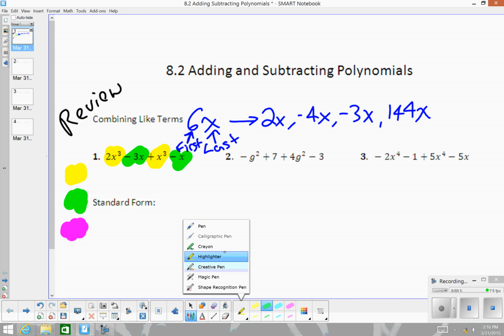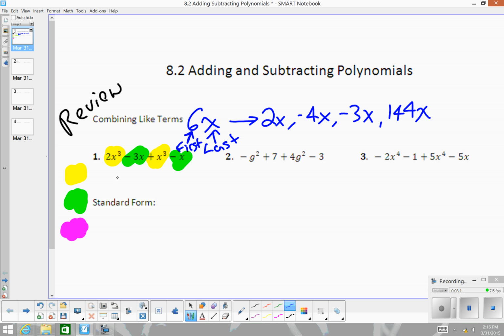So, let me get my pen here. Let's just start with the x cubed. Now, x cubed is going to stay, but I want to know how many x cubes I have. Well, if I have 2 and I have one more, 2 plus 1 is 3 x cubes, right? So good, I dealt with those. Now I've dealt with negative 3x and negative 1x.